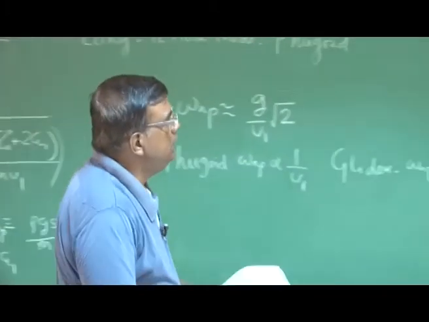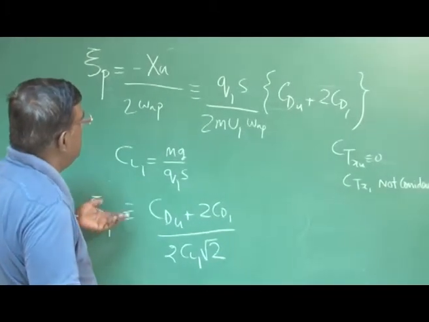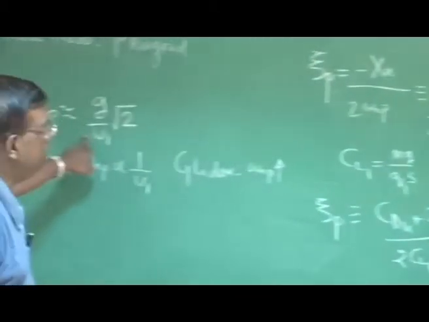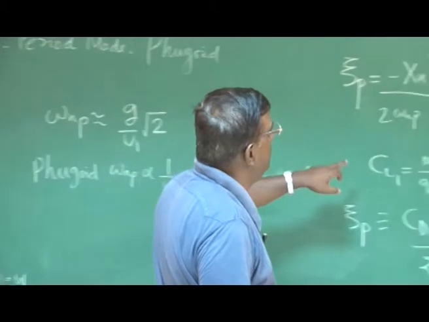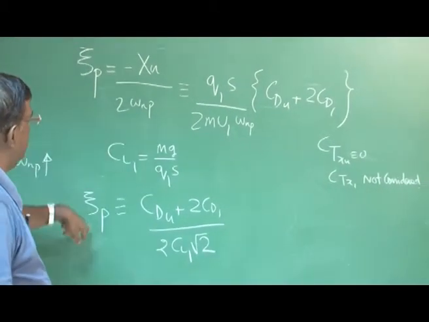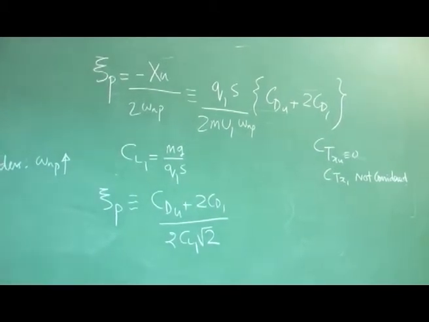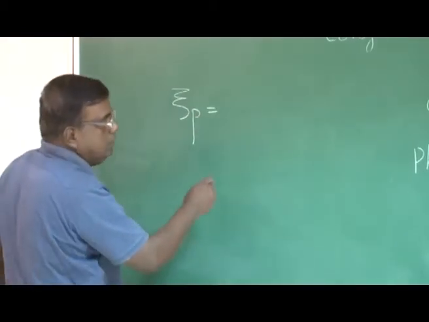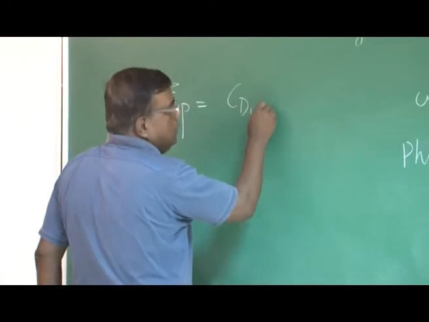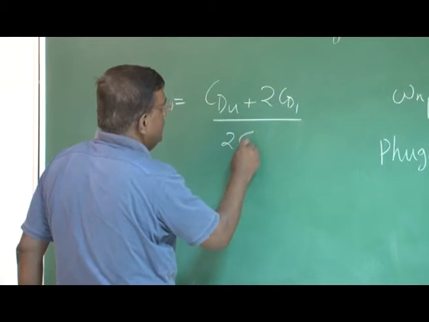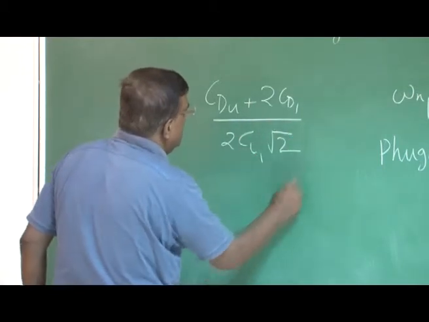What you have to do to get this expression is, you have to put omega np approximate expression, use CL1 equal to mg by Q1s, and then you can modify this expression: zeta p equal to CDU plus 2 CD1 by 2 CL1 root 2.